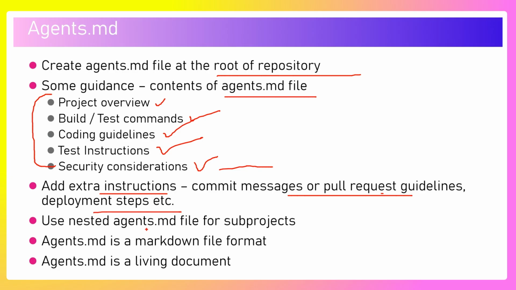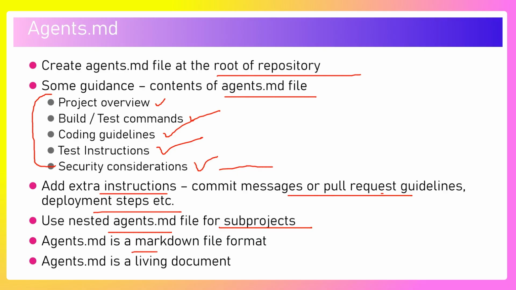You can use nested agents.md files for sub projects. So it is not that you just use one agents.md file. If you have that classification of child agents or sub agents, then you can create multiple agents.md files to make your application more modular, and all the modularized instructions within the agents.md file should be precisely defined for that specific work area.